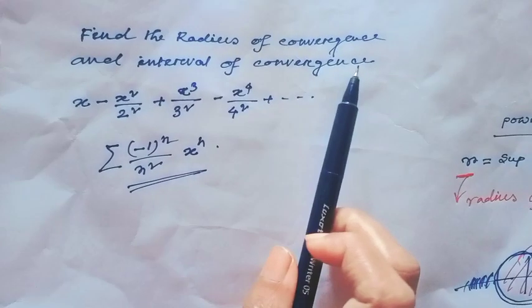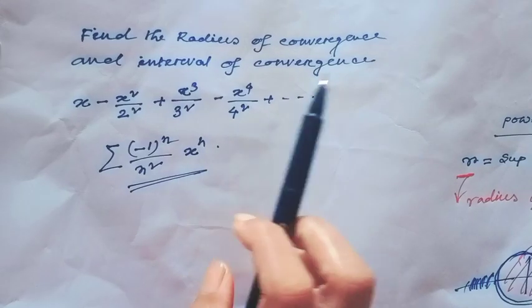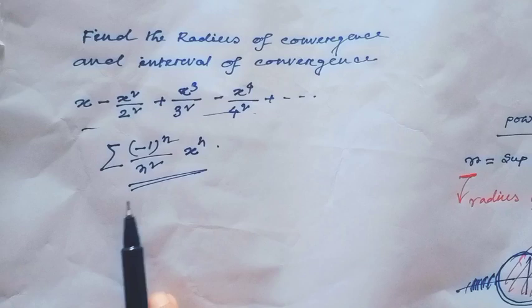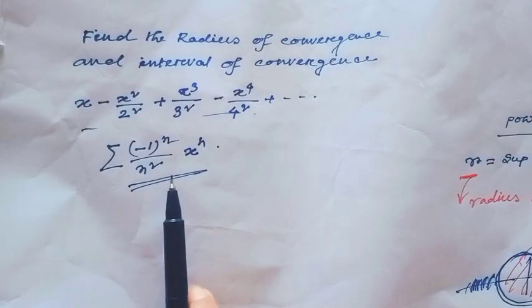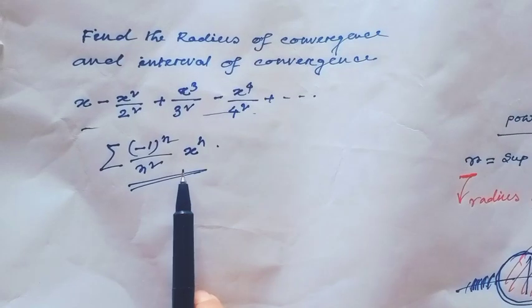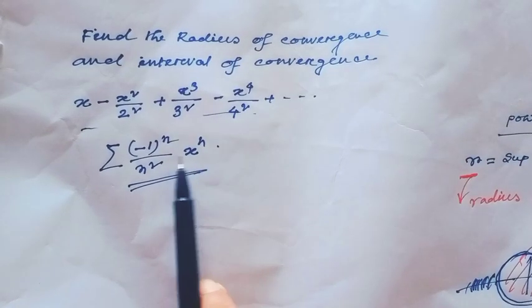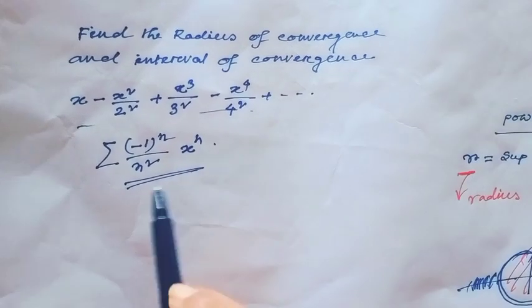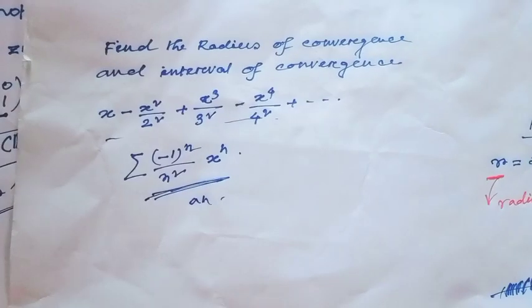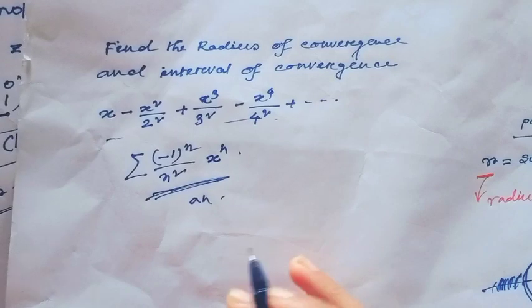Example: find the radius of convergence and interval of convergence of this given series. Here the series is represented as (minus 1) to the power n over n square times x to the power n. Consider this whole term as a_n. Now I will apply the ratio test.